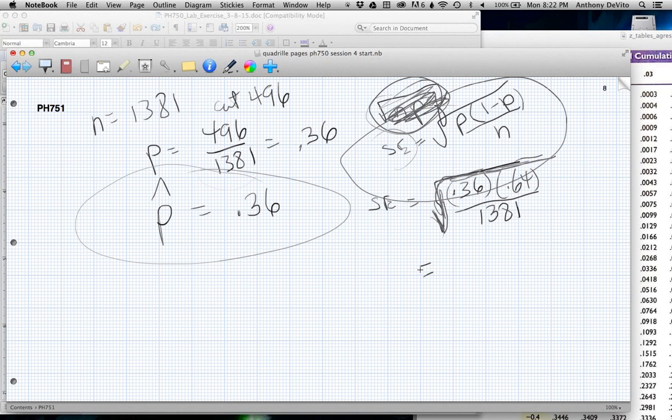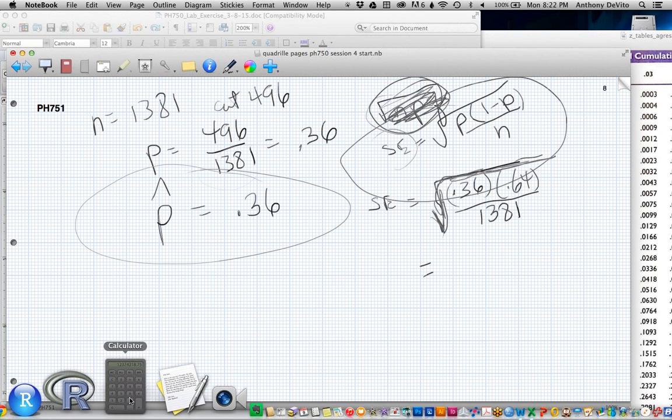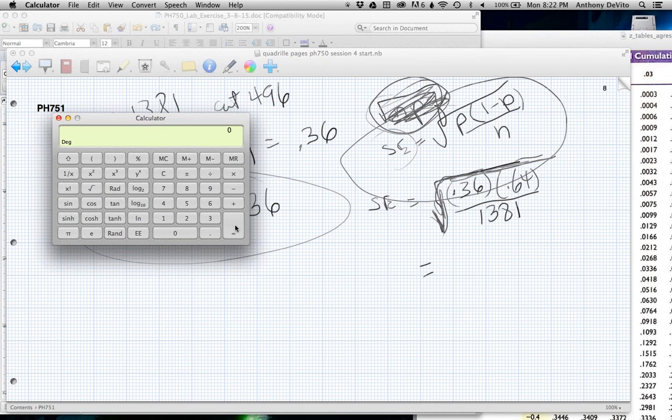So what number do we get here? Divided by 1381. Okay, oh, I must have made a mistake there. Oh, no, I didn't make a mistake there.